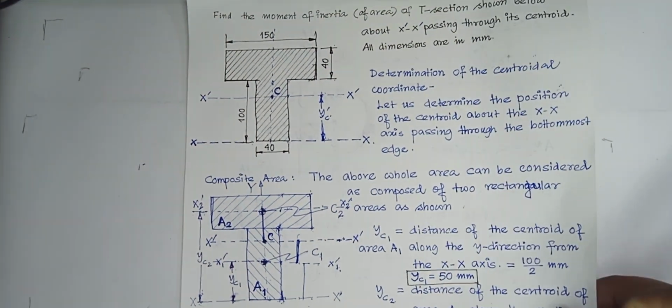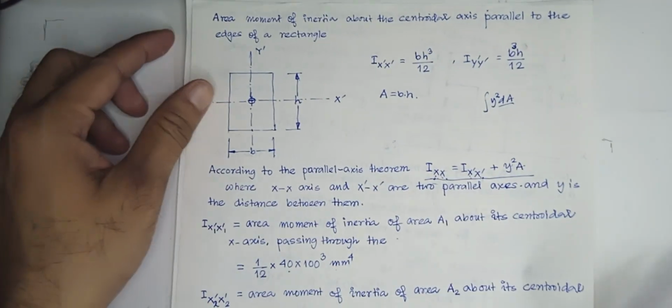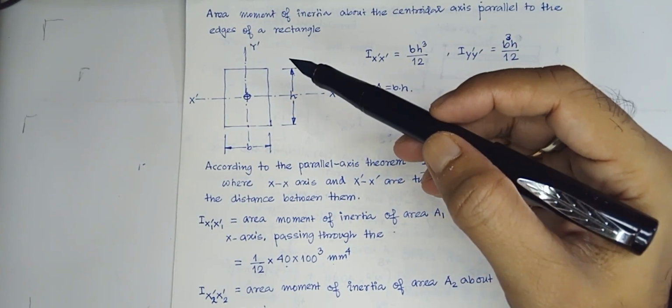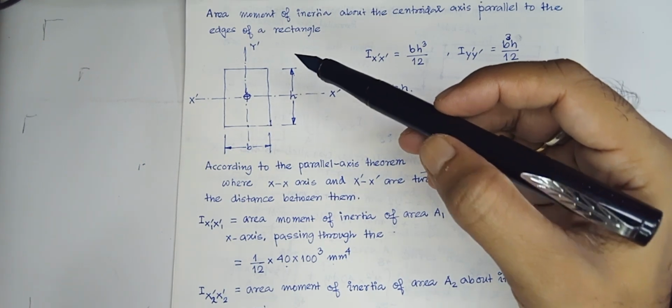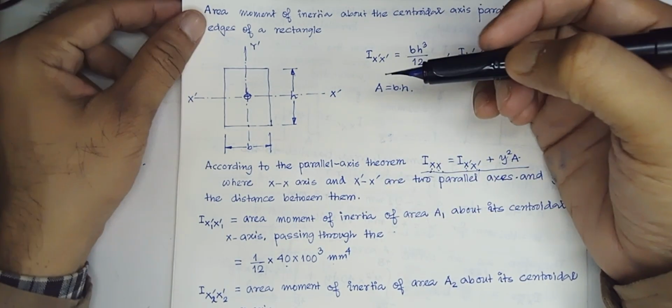Next, what we will do, we will now go for determination of the moment of inertia. So next, we will determine the moment of inertia using the parallel axis theorem.